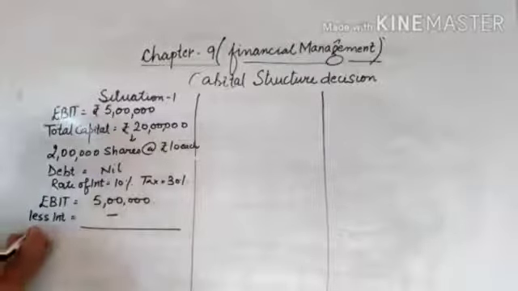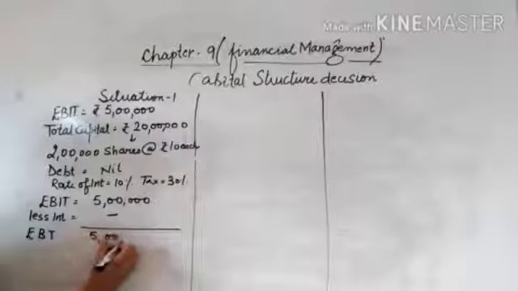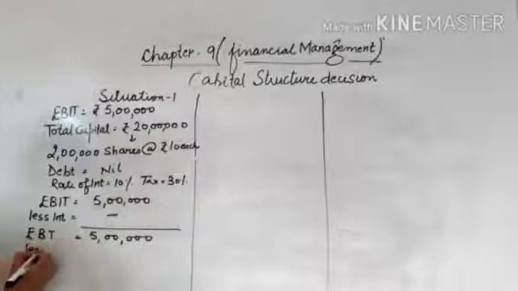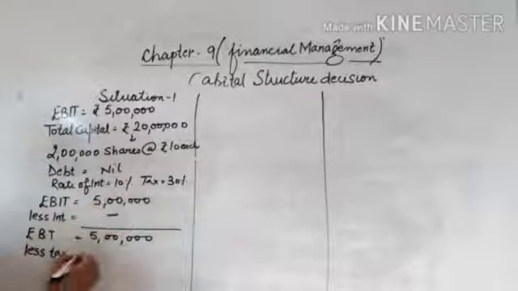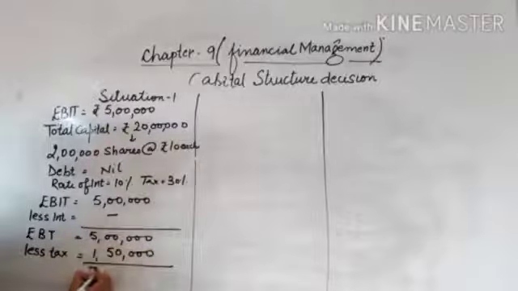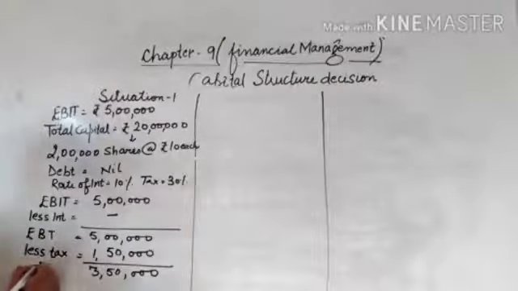This is EBT, earning before tax, 5 lakh, less tax. Tax is 30%, so it is 1,50,000. Earning after tax is 3,50,000.